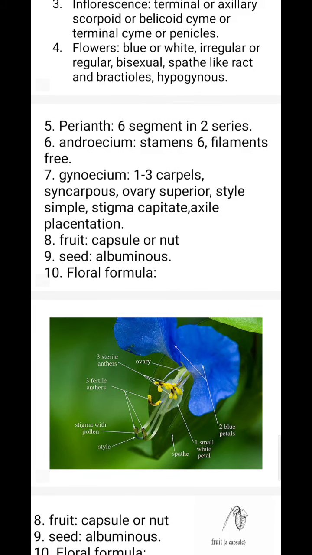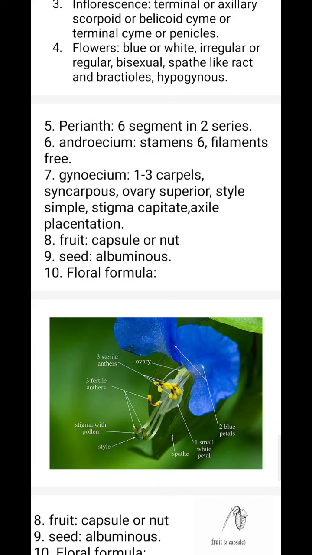Then next is about perianth. So perianth is in 6 segments in 2 series, that is 3 plus 3. Then androecium also has stamens in 6 numbers and the filaments are free. In case of gynoecium, there are 1 to 3 carpels present and they are syncarpous, that means they are united.